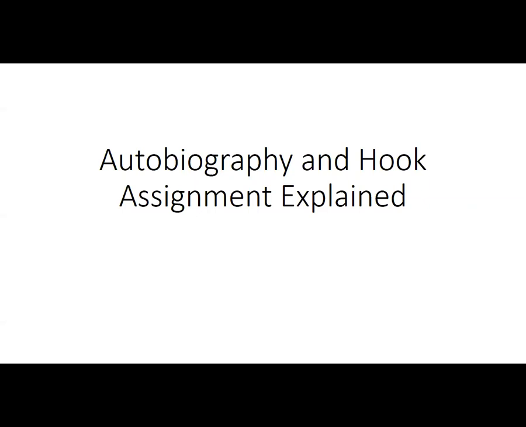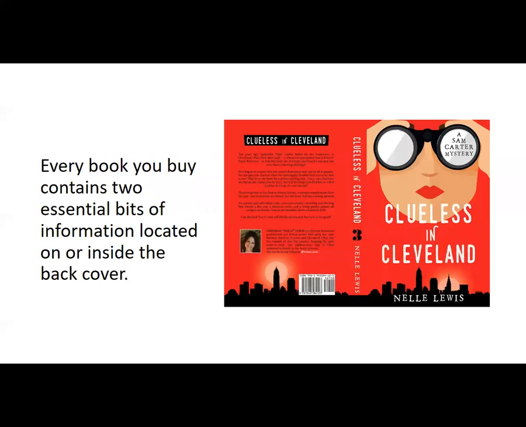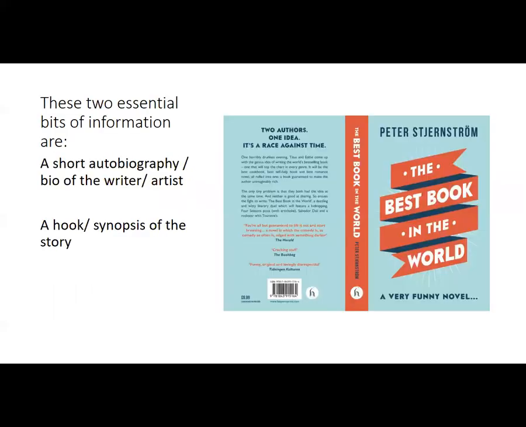When you look at any book, those books on the cover or within the cover contain two very essential bits of information. These are a short autobiography, also known as a bio, of the writer and the artist, as well as a hook or a synopsis of the story.